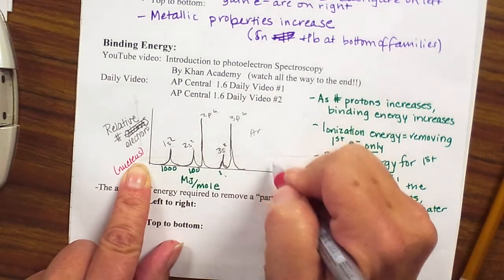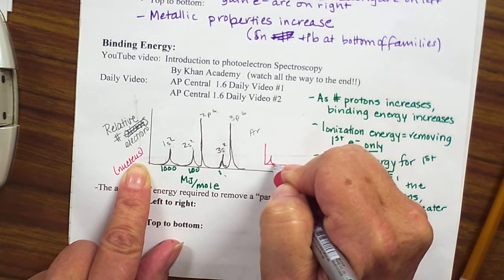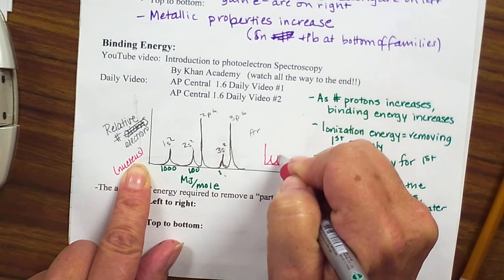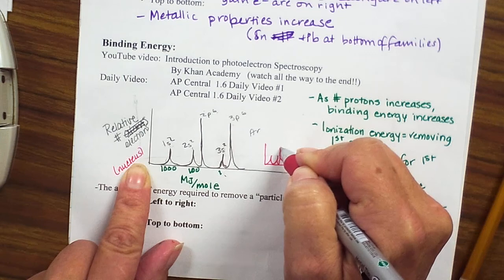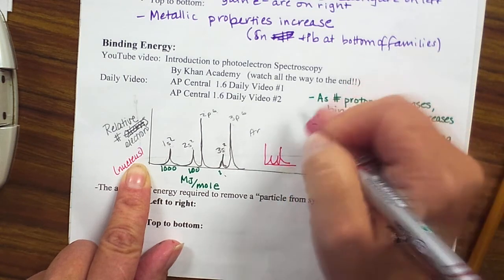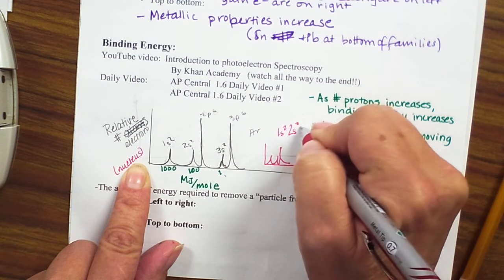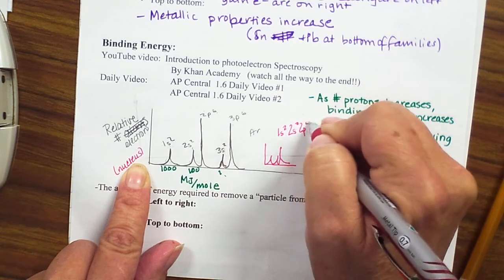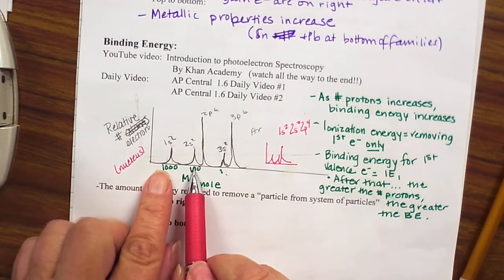But if it looked like this, well, that's twice as high. So now I'm looking at 1s2, 2s2, 2p4. Oh, that's oxygen. Get it?